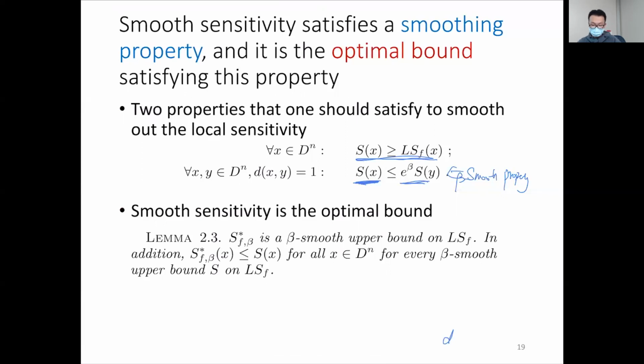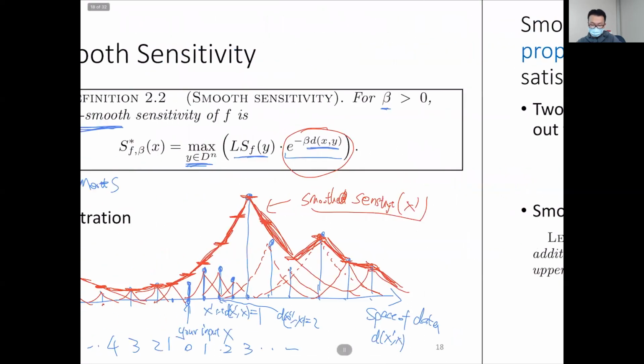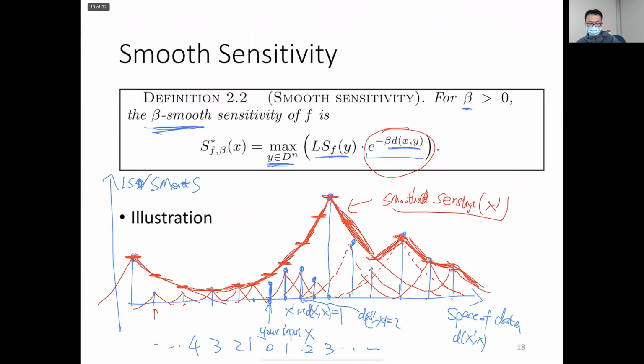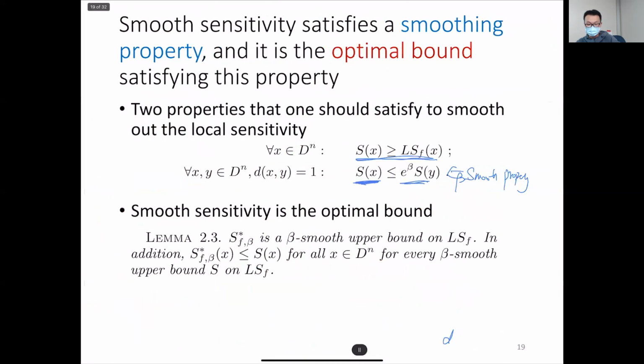Since this is defined as this, it is naturally an upper bound of the local sensitivity at X. So we can simply take Y to be equal to X, and that gives us an upper bound, right? That checks the first condition. So this is pretty straightforward. So we'll now show that the smooth sensitivity by definition also satisfies the second smoothing property.